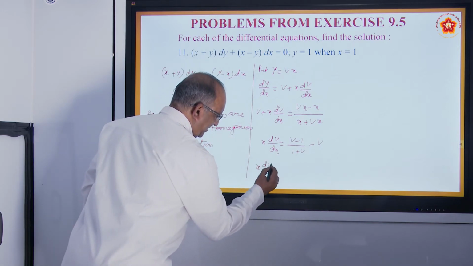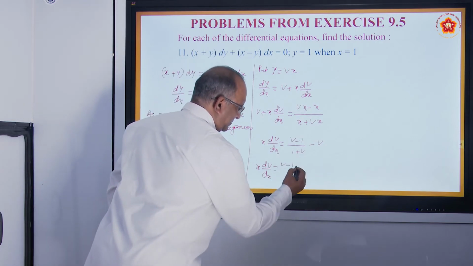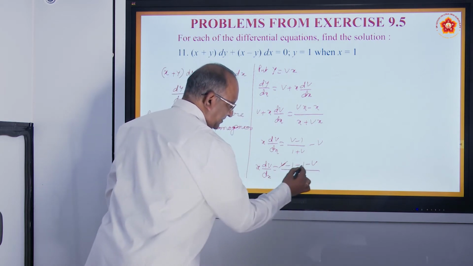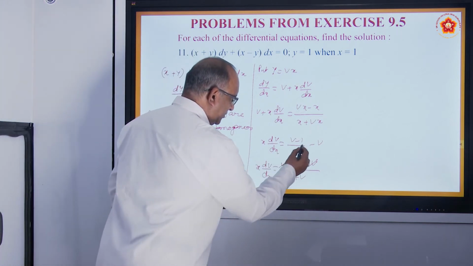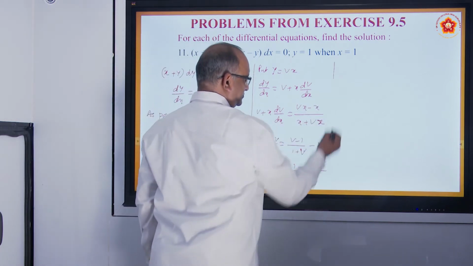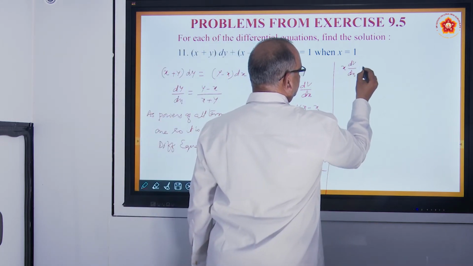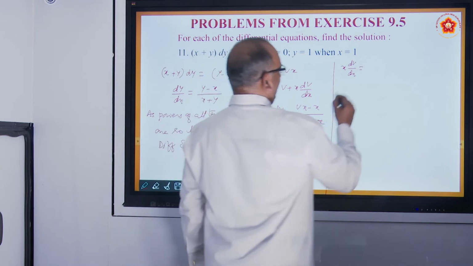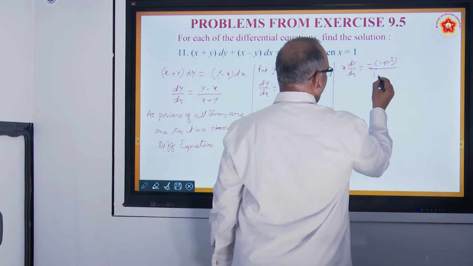As a result, x dv by dx will be equal to v minus 1 minus v upon 1 plus v. Cancel this plus v and minus v, and you will have minus 1 plus v square upon 1 plus v.